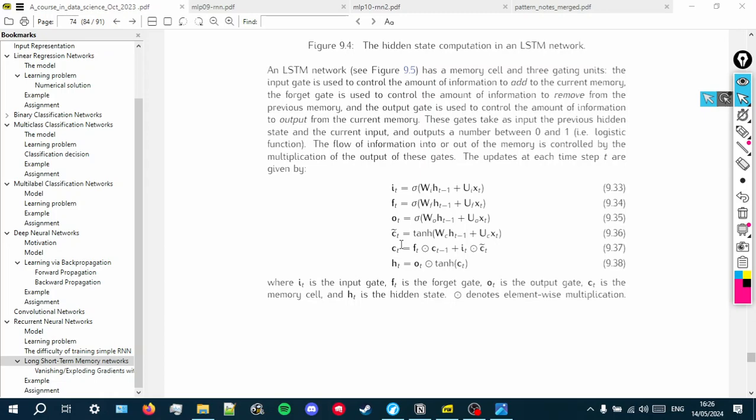It will depend on the hidden state, which we can see in the equation here. So C kind of takes the job of the previous hidden state, and also our input going in, the X going in.